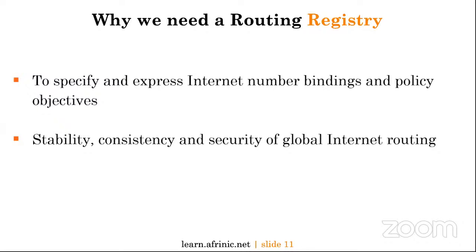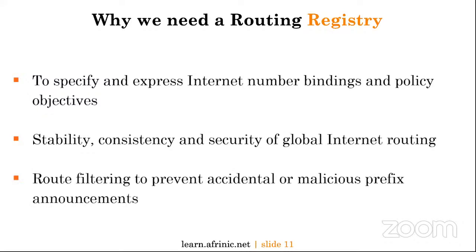So you are certain that the route object you queried out of this database belongs to an actual resource holder; not just anybody can create that. And also, as you will see later on in this webinar, you can generate router configuration filters from the routing policies that upstream or downstream providers have documented in the routing registry.